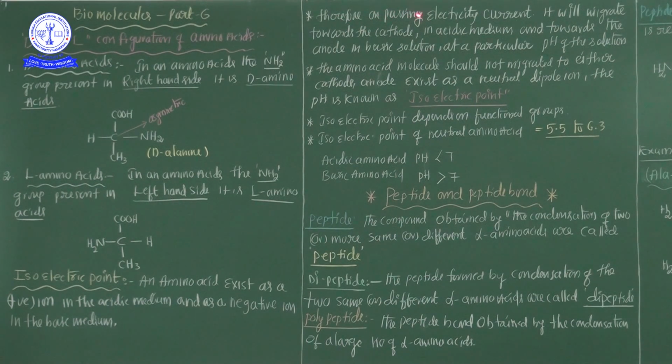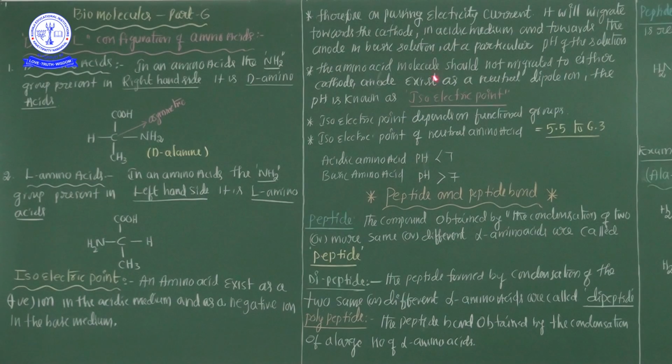Therefore, on passing an electrical current, it will migrate towards the cathode in acidic medium and towards the anode in the basic solution. That is most important. Whenever an electrical current passes, it migrates to the cathode side in acidic medium and towards the anode side in basic medium, at a particular pH of the solution.